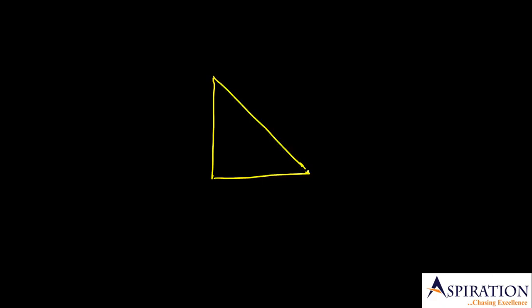So if you have a triangle, and using that triangle you make a square on each side, now you don't know whether this triangle is a right angle triangle.